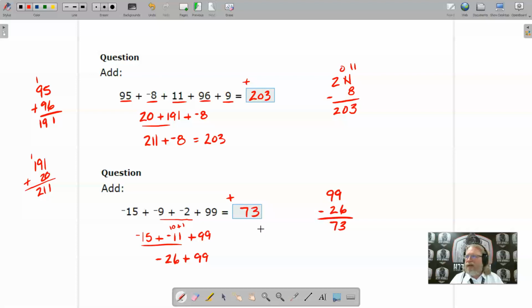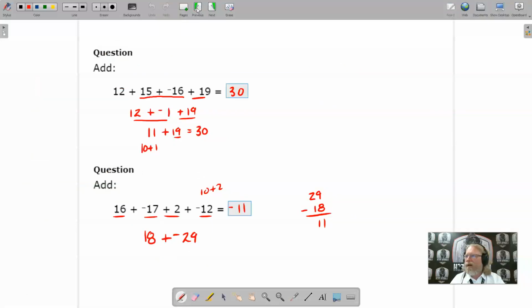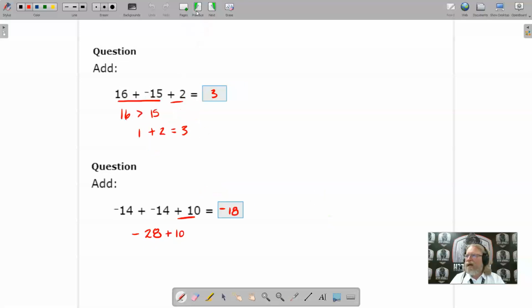All right. So in review, one way to do it is to go through and find certain ones that work well together. For instance, whenever we had the problems where, like this 15 and 16 worked out well, they were really close together. Same here.